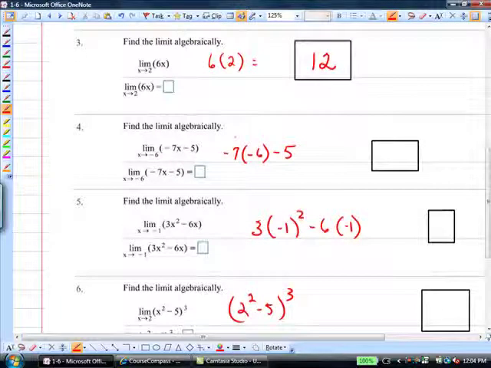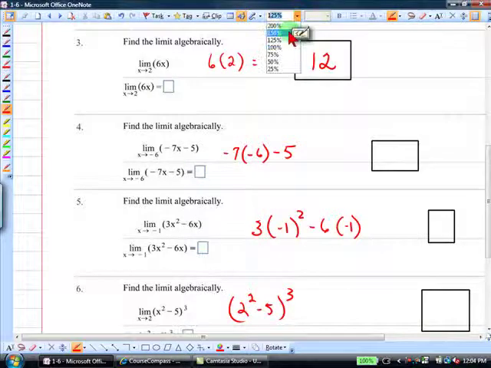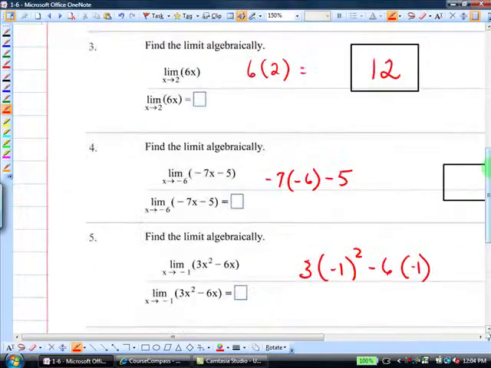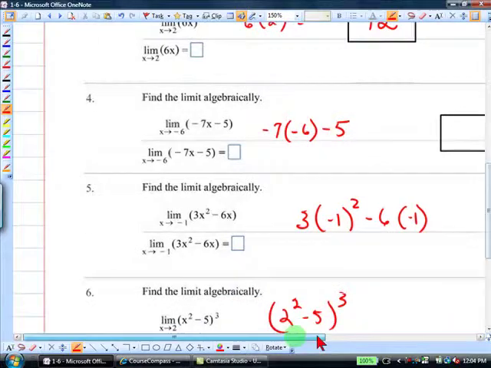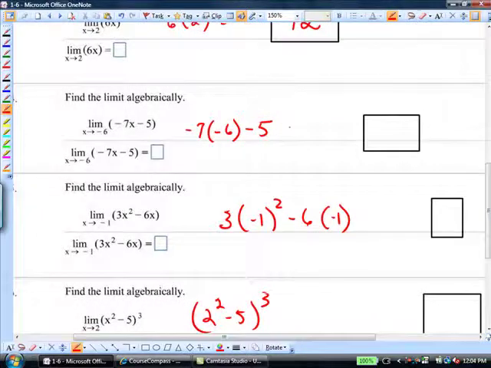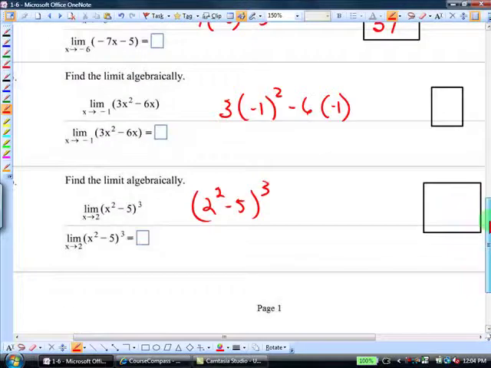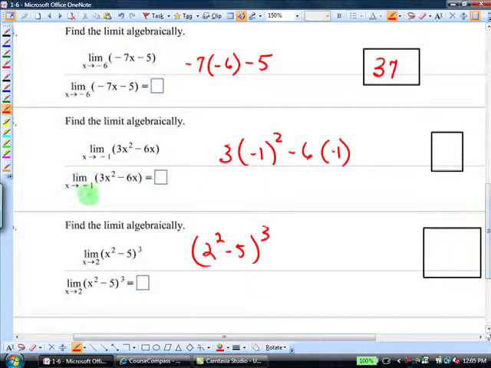Find the limit algebraically. x approaches -6. There's no problem there. Let me make those a little bit bigger. So you're just plugging in. What do you get? Okay. The next one, did I go too far? As x approaches -1. I think 9.